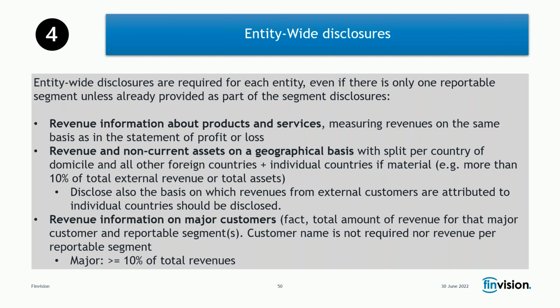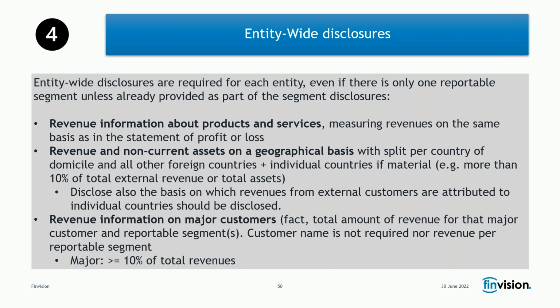Very often in the examples we see countries, but we can also have regions, for example Europe. But I think you need to take the 10% threshold into account. It is an example, I don't think it is a requirement. IFRS 8 mentions it as an example threshold.